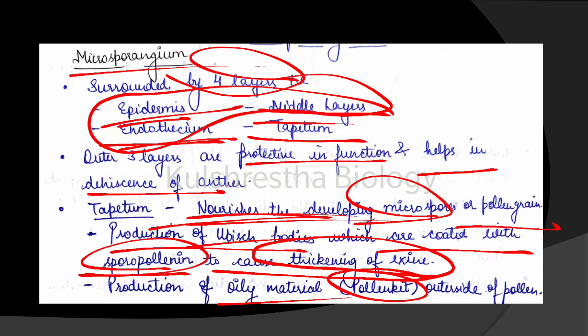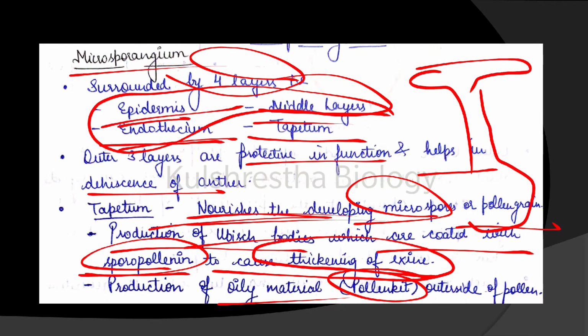Now one more function of the tapetum is that it secretes a special protein which is very necessary for pollen to recognize compatibility. So for example, this is the female part of the flower, the pistil. Now suppose the pollen lands on it.